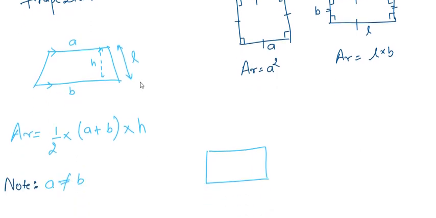So in a rectangle, basically what do we have? We have two parallel sets of edges. If I have A, B, C, D, I can say AB is parallel with CD while BC is again parallel with AD. Seems clear?